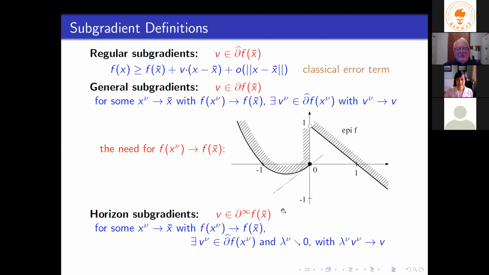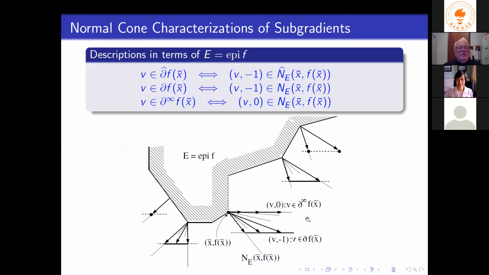Then there are the horizon subgradients. Those are defined in a similar way by taking limits, except we take limits where the length of the vector would go to infinity, but we scale that length with some factor, and we get a finite number. These turn out to have the following geometric significance, which is of course the aim of this whole thing: that this is supposed to turn out to be variational geometry as applied to the epigraph, and it is.